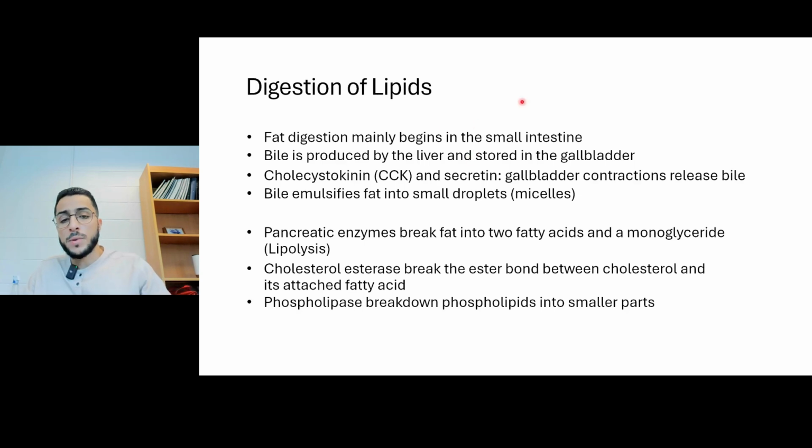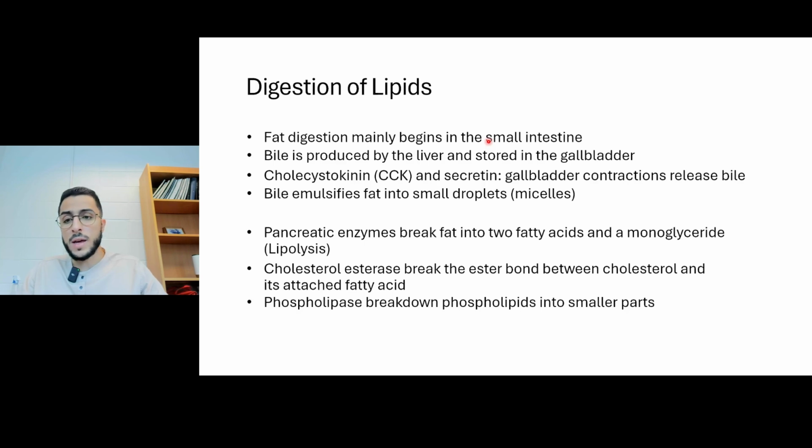And so the first part happens in the mouth, the second part happens in your stomach with the gastric lipase. The gastric lipase will be breaking a little bit of the lipids in your stomach, mostly the triacylglycerides, but the major digestion and absorption of lipids happens in your intestine.